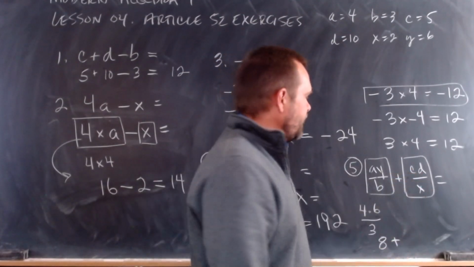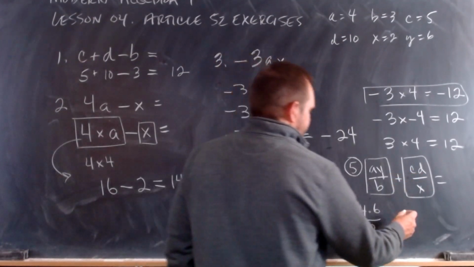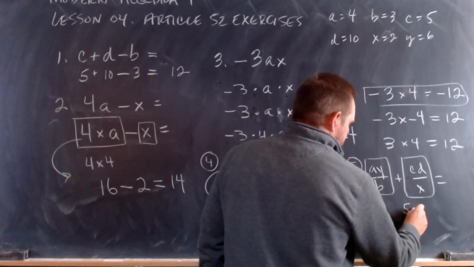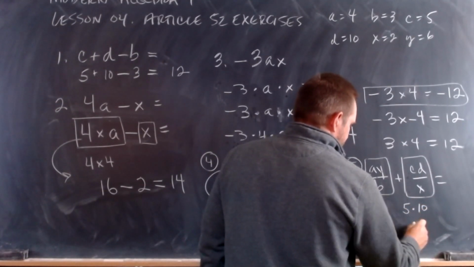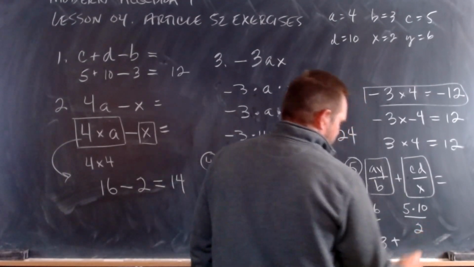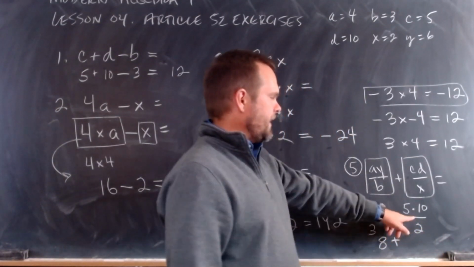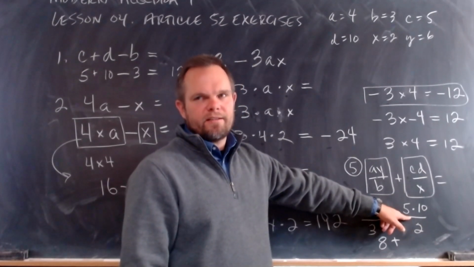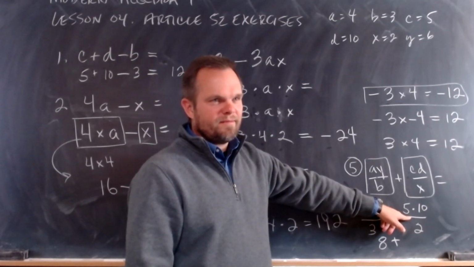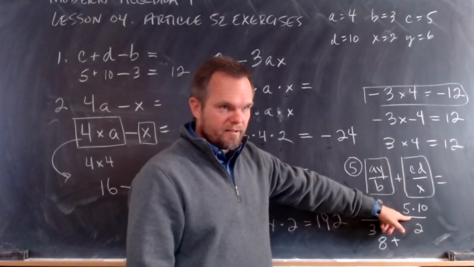So what do we have here? What is C? C equals 5 times 10. D equals 10 divided by 2. What's 5 times 10? And don't say 15. What's 5 times 10? 50.